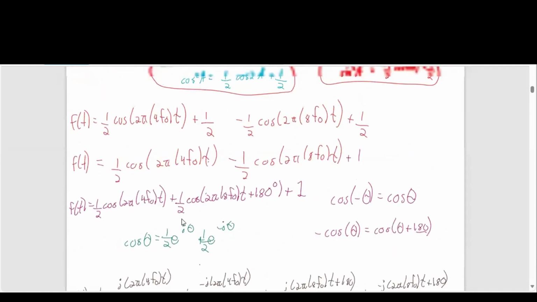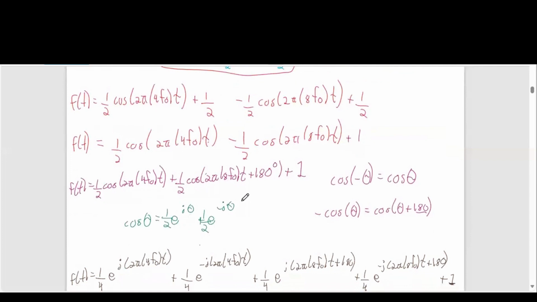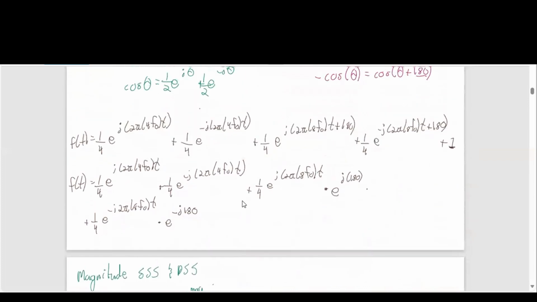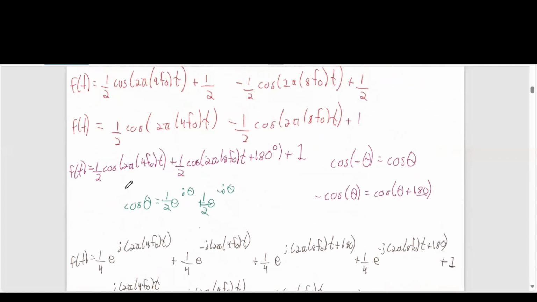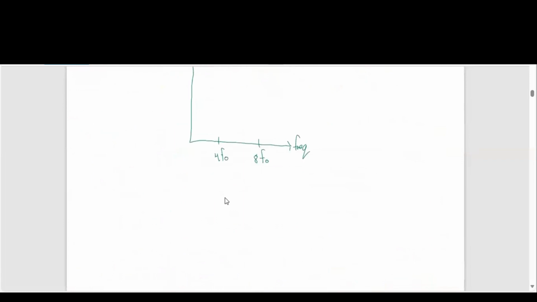So for the single-sided, we go to the trigonometric form. So we have 4 f naughts and 8 f naughts. Right, so 4 f naughts, 8 f naughts, and magnitude, and you have frequency. So the magnitudes, add those, will be half and a half, right?